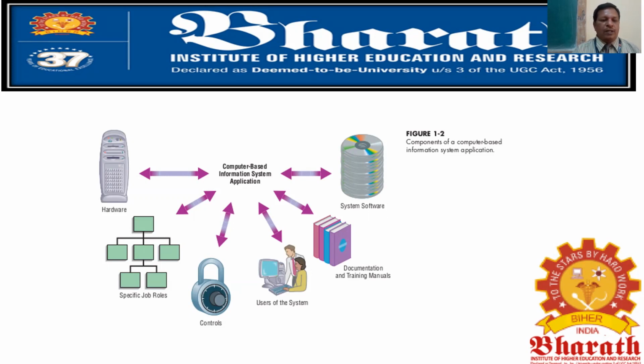Relating to the hardware and software tools that you want to purchase, when you want to purchase new hardware and software tools, we need to check whether the system software can run on the hardware you are going to buy, and whether this computer-based information system application can be developed with the help of the new hardware and software. How many users can work with this hardware and software? What are the specific job roles of the people carrying out work with this hardware and software?